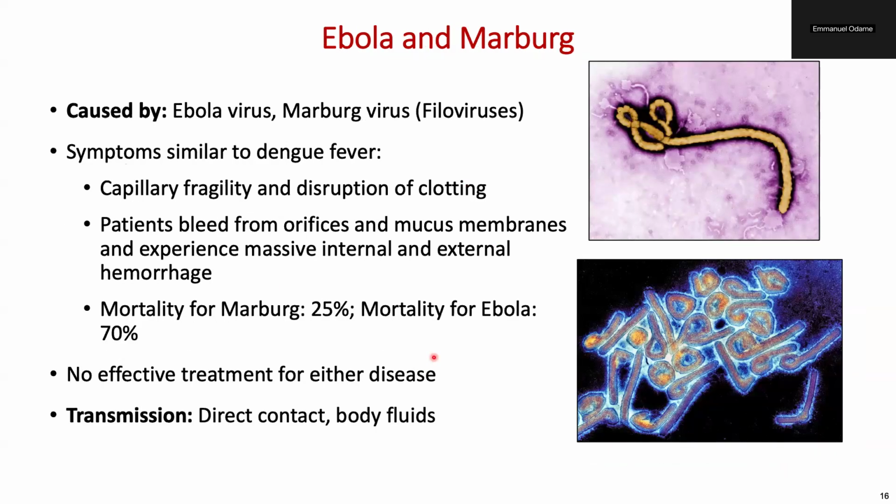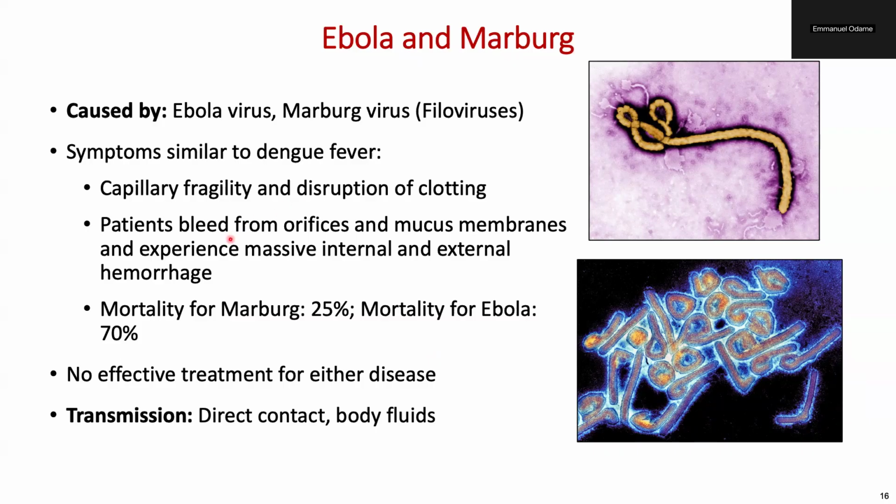Next on our list is Ebola, which is caused by the Ebola virus or the Marburg virus. Symptoms are similar to those of dengue fever because these viruses belong to the same group, as we discussed earlier on. The virus causes capillary fragility and also disruption of clotting.